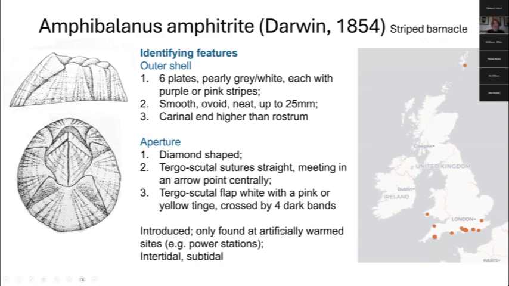I've been told that it's found in power station outfalls and places with warm water, basically. And then when power stations close down, the barnacle itself disappears because it can't maintain its population as a viable unit. I believe it's intertidal and subtidal, but I guess it's a pretty shallow species anyway.